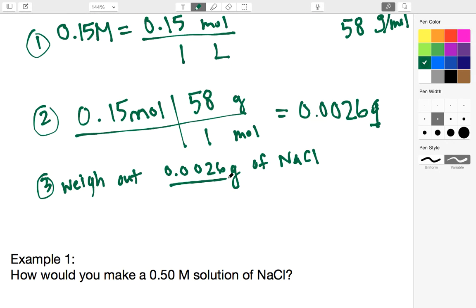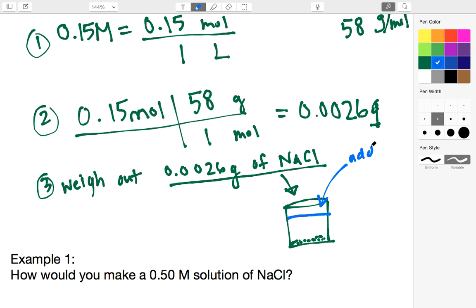So this much NaCl will go inside a beaker that can fit up to about 1 liter. So here's my NaCl, whatever amount it is. And then I'm going to add water up to 1 liter.